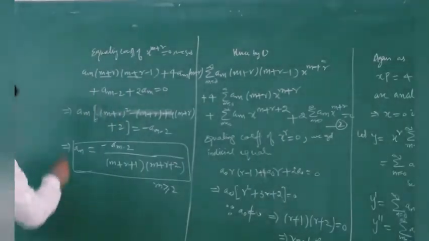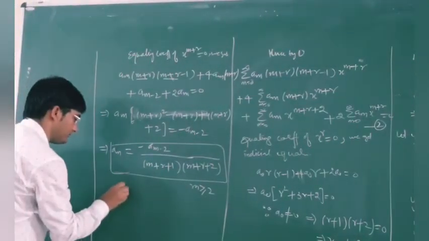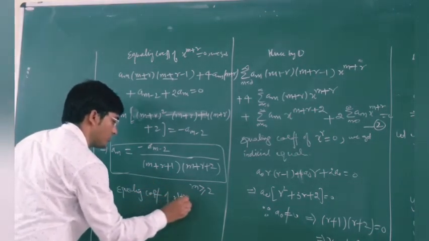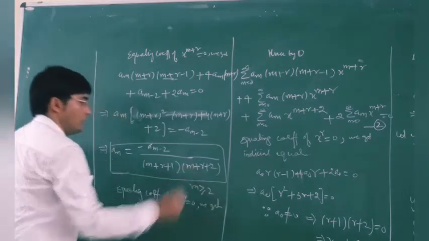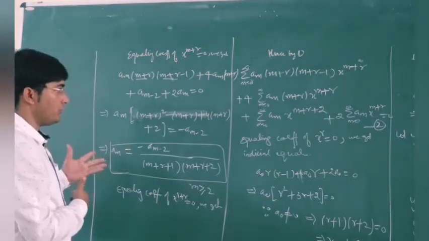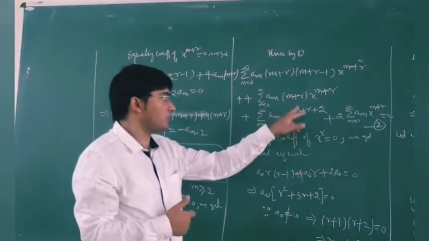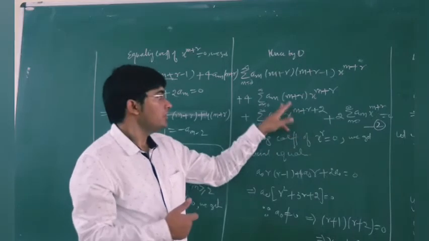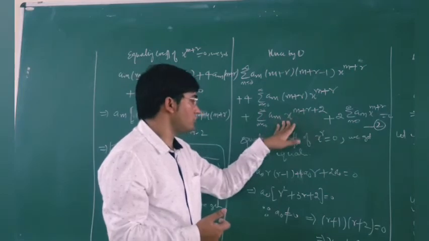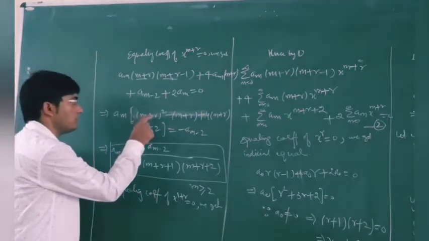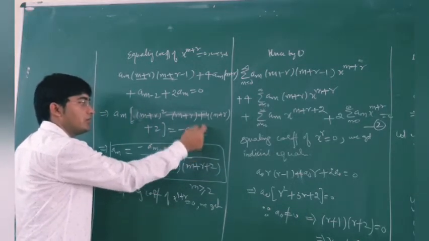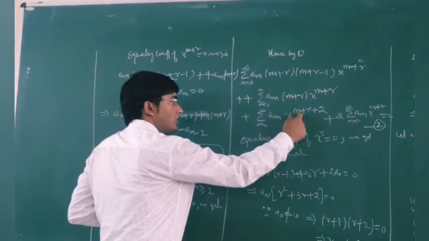So equating the coefficient of x power 1 plus r equal to 0, we get, now please note that if you equate the coefficient of x power 1 plus r equal to 0, then we will not take this term, because we are finding the particular term a1. As we are not taking this term, just put m equal to 1 here, because this is your general term. This is when we have replaced our m by m minus 2.